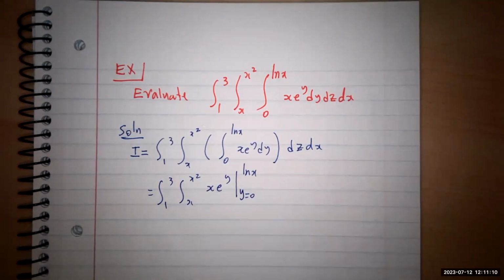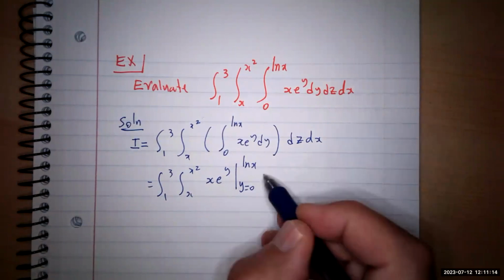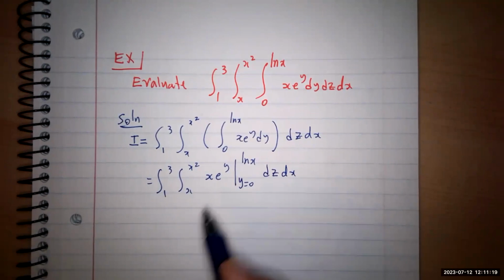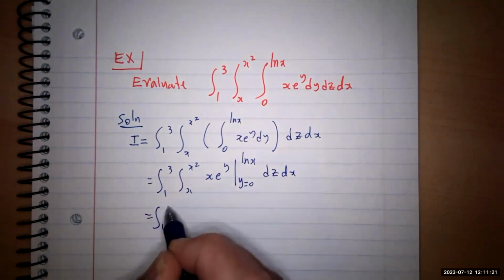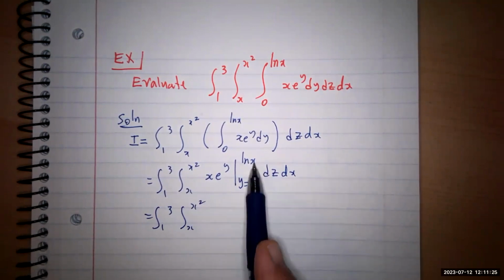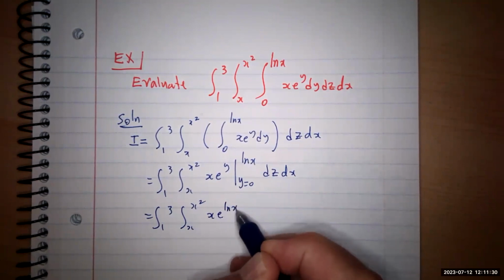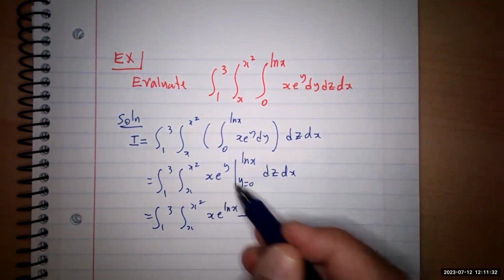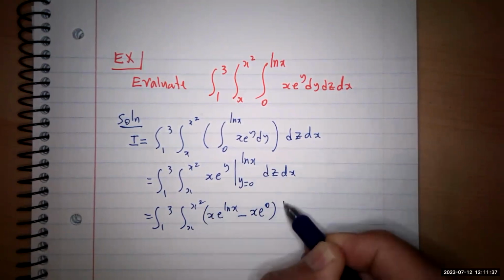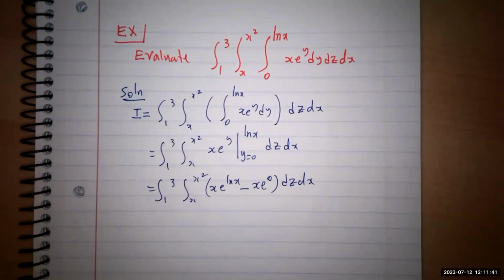When we are done, we integrate with respect to z and x. Now substitute: 1 to 3, x to x squared. Start with y equal to ln x, so that gives x e to the ln x, minus, replacing y by 0, x e to the 0. Then dz dx. Carefully substitute.